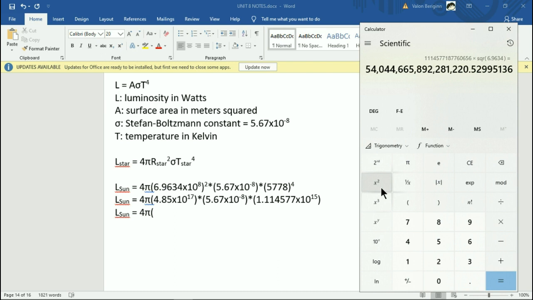I'm not putting in the rounded value for the r squared. I'm actually just multiplying the full answer of this. Okay, so that's the answer for that.